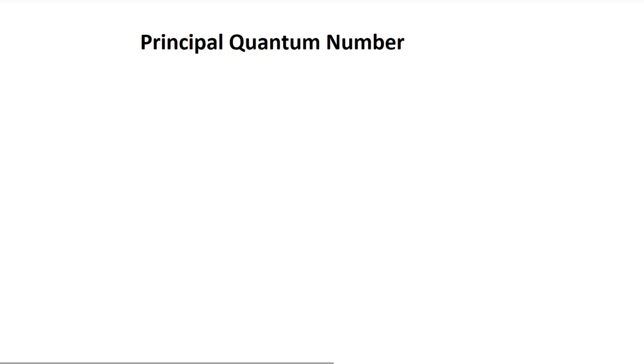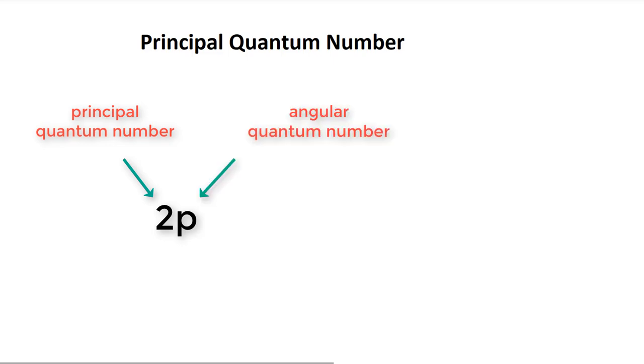Also, orbitals within a shell are divided into subshells that have the same angular quantum number L. The shell and subshell in which an orbital belongs is usually described by a number followed by a letter, for example 2p. The number represents the quantum number n, that is for 2p n is equal to 2, and the letter identifies the subshell, that is the angular quantum number L.